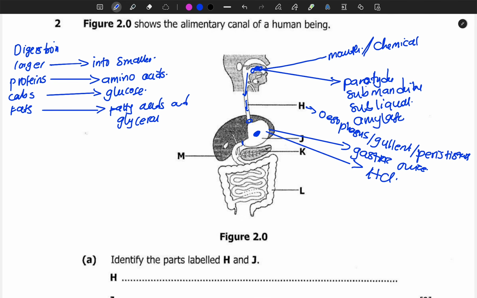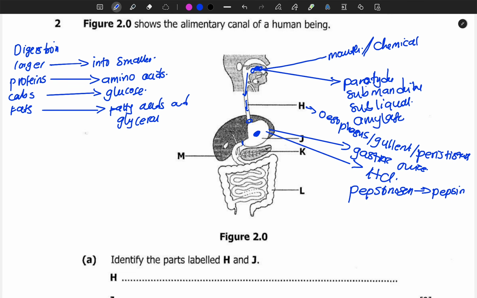So if they ask you to name the acid that is produced, we have HCl, and the function is killing bacteria that may be eaten with food, and also providing the favorable pH for enzymes to operate. Then also it activates the inactive pepsinogen into active pepsin. So pepsin is an enzyme that works on proteins in our stomach.